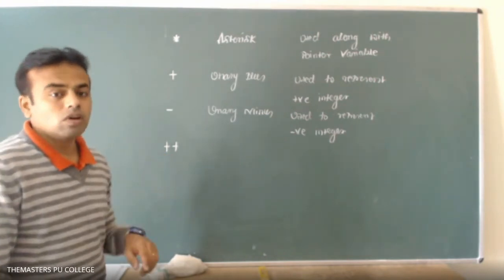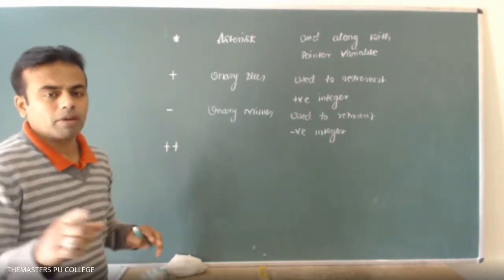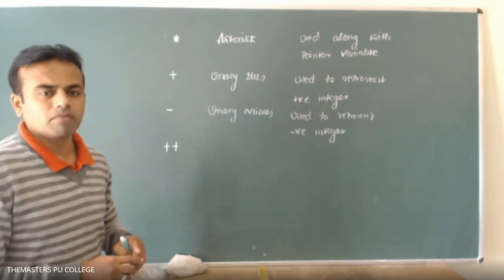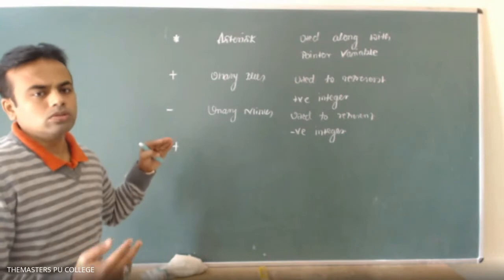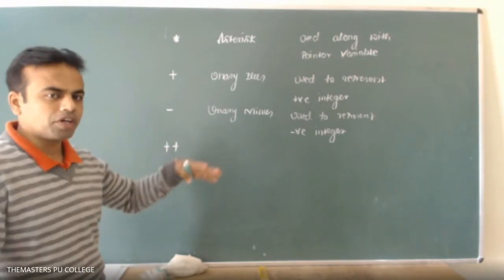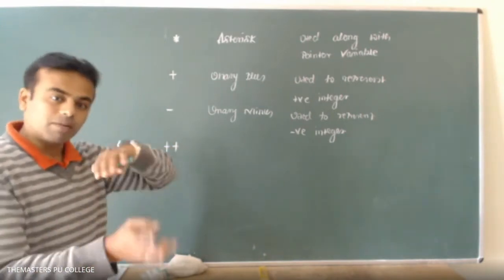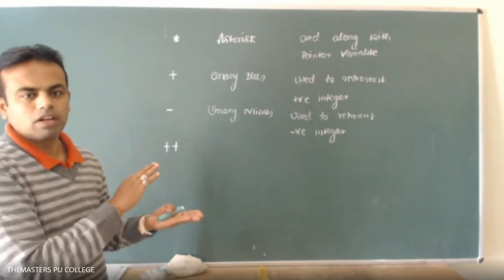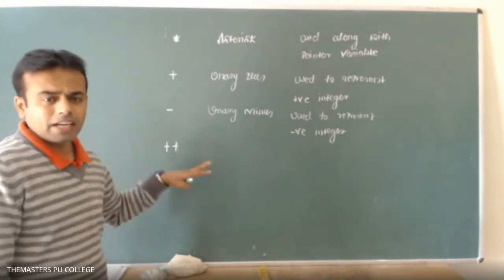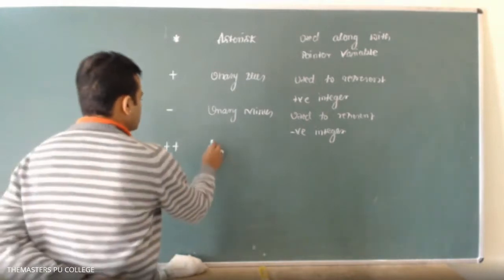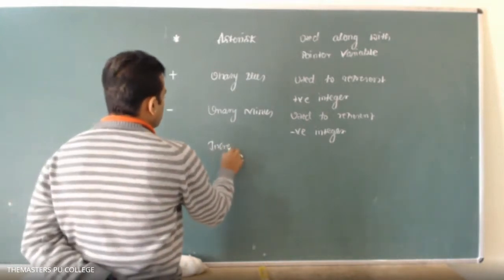In iteration we did a program, remember? Yes, sir. Program to generate the numbers from 1 to 10, we said. Then we did 50 to 100. Then again we did it in reverse order, remember? We use this plus plus symbol and minus minus. So plus plus indicates the increment operator.